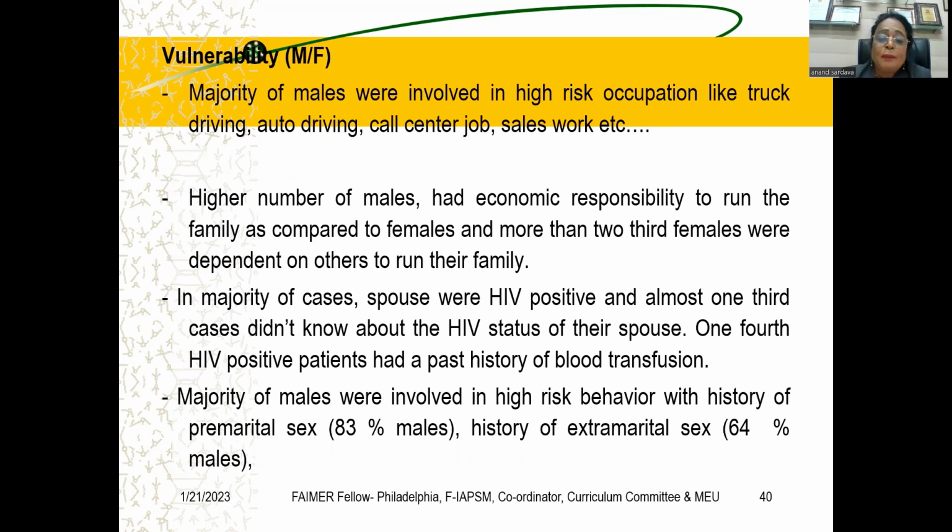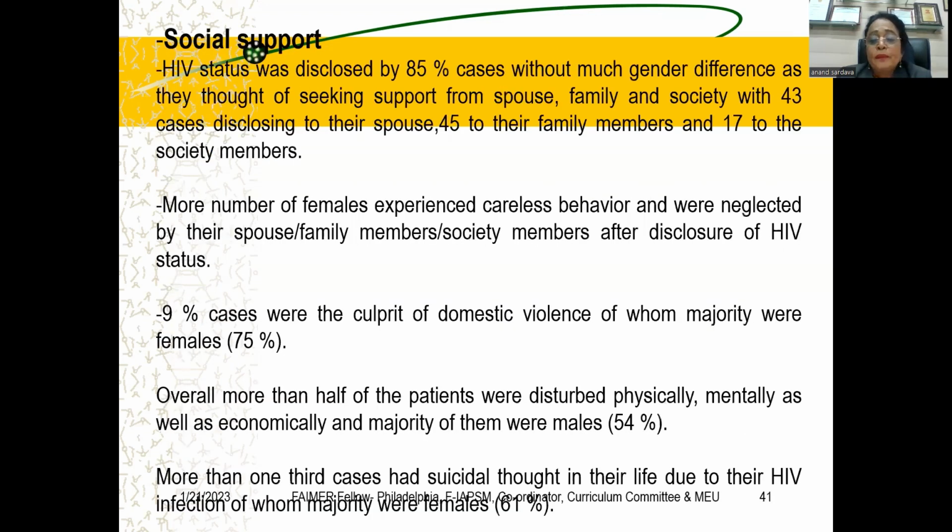One-fourth of the HIV positive patients had a past history of blood transfusion. The majority of the males were involved in high-risk behavior. There was a history of premarital sex in 83% of males, and extramarital sex in 64% of the males. So there was a difference in the vulnerability.